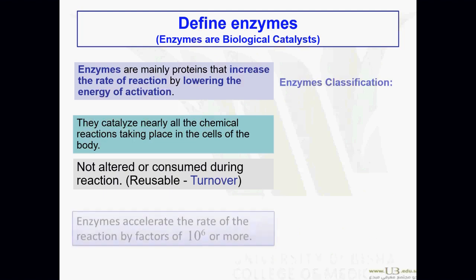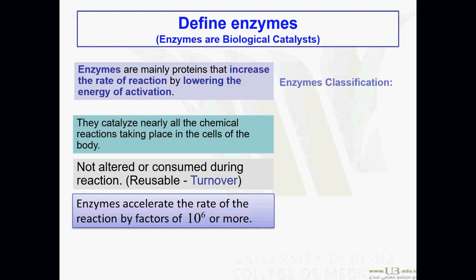The enzymes classification will be later in a different slide because I have changed slightly the presentation to meet your requirements. The enzymes can accelerate the reaction by a factor that can reach up to 10 to the power 6 or more.